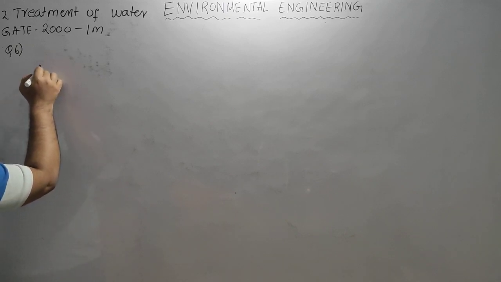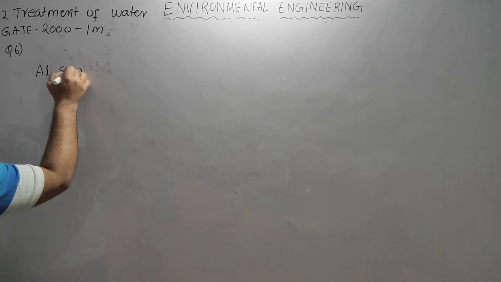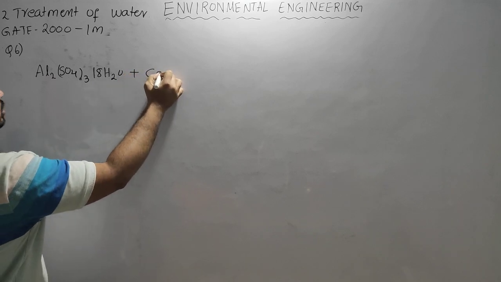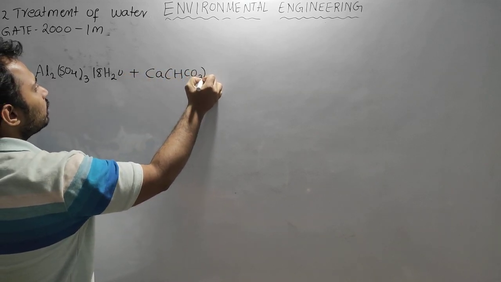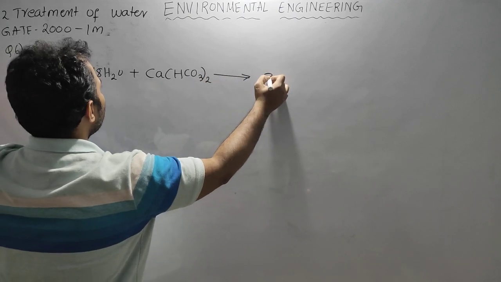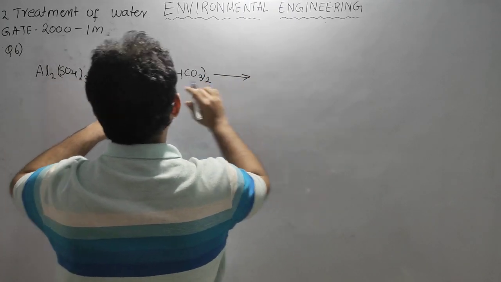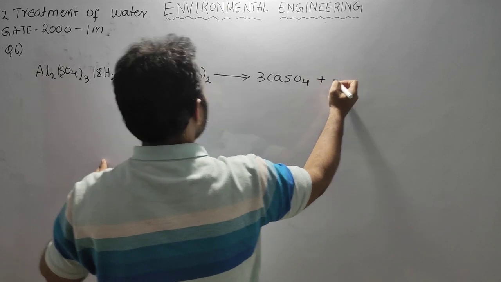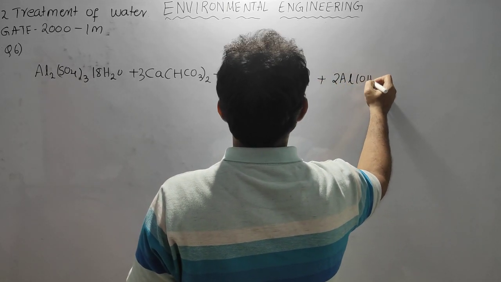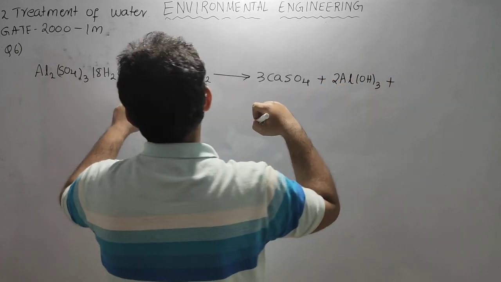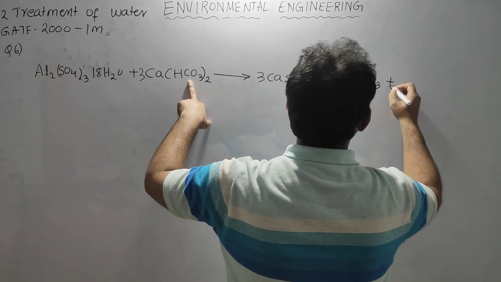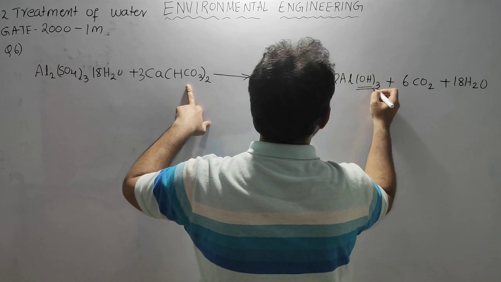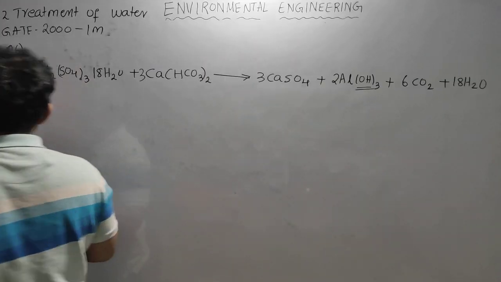So when alum, Al2(SO4)3·18H2O, is reacted in the presence of alkalinity, Ca(HCO3)2, it gives 3 CaSO4 plus 2 Al(OH)3 plus 6 CO2 plus 18H2O.